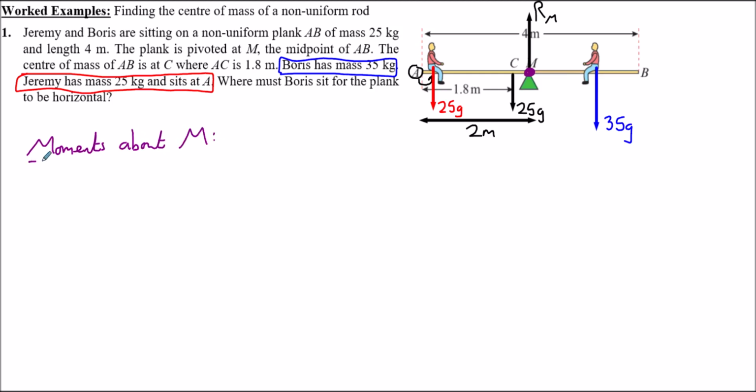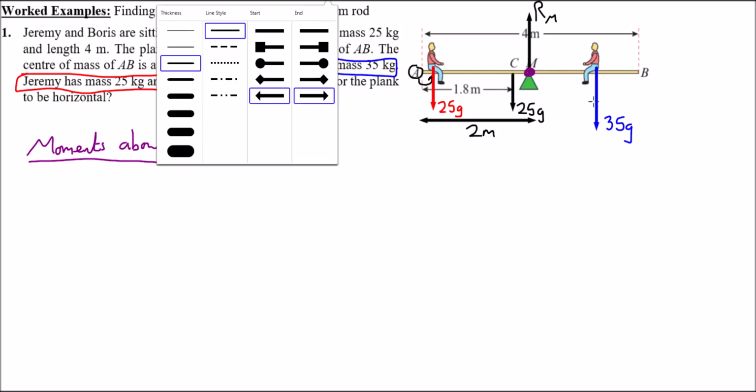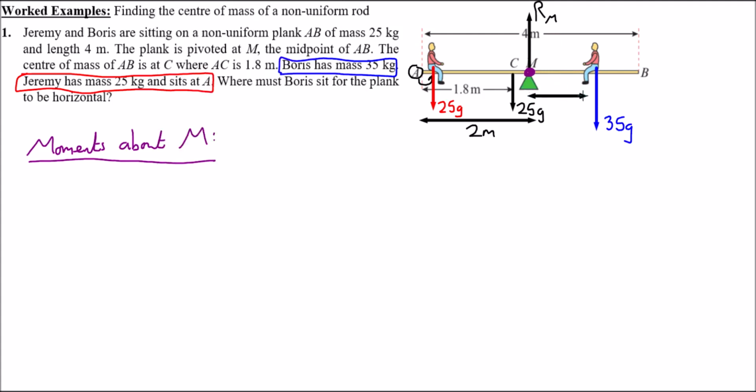Now we need some measure of Boris's distance relative to some other point. So we could be measuring the distance of Boris from the centre. Let's call that distance x. So moments about M, the clockwise moments will be equal and opposite to the anti-clockwise moments.